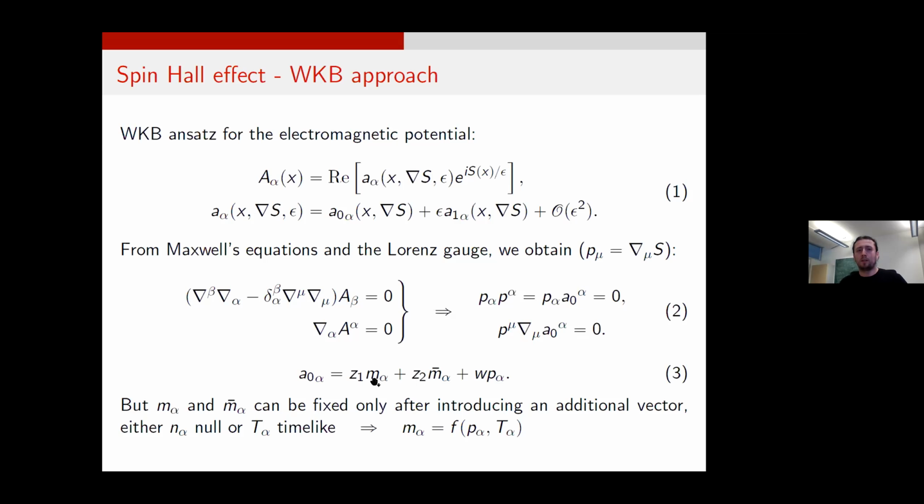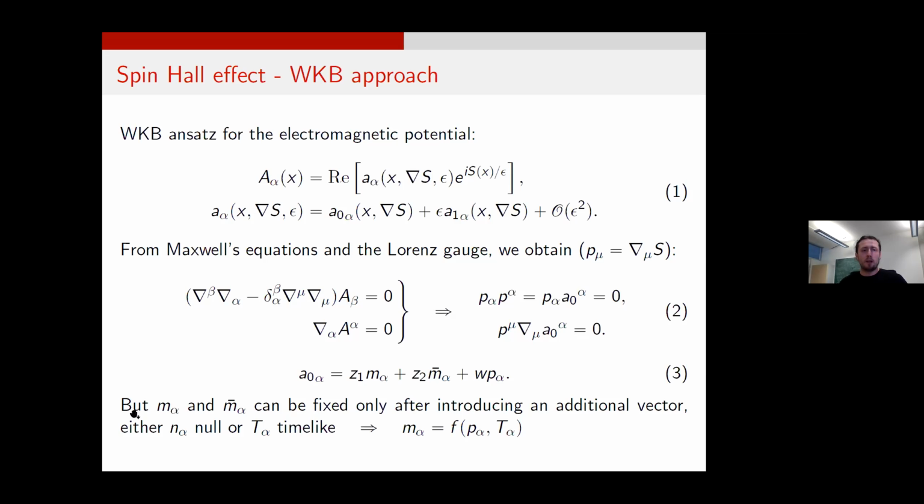We can write it in terms of vectors M and M bar, which are orthogonal to P, and also in terms of P over here, where Z1, Z2, and W are complex scalar components. Z1 and Z2 will describe the state of polarization of our WKB ansatz, and the component proportional to P is a pure gauge component which will not play any special role later on.